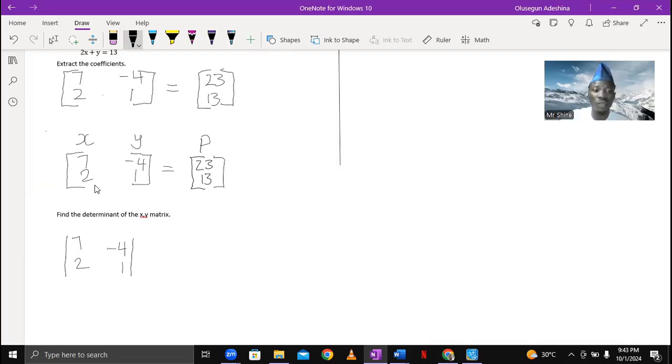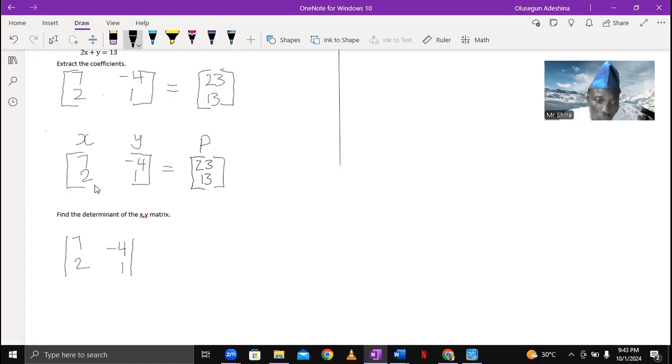And then the next thing we want to do is multiply the elements in the leading diagonal or the principal diagonal. The diagonal from the left to the right, top to bottom like this, is the principal diagonal, while the other diagonal here is known as the other diagonal.